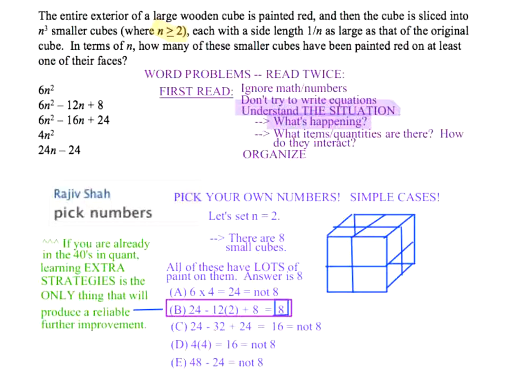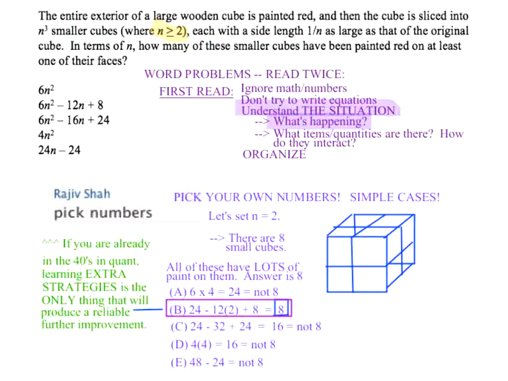It's the only thing. If you are in the 40s in quant, then you know more than enough mathematics. In fact, if your quant score is anywhere from 35 on up, then you know all of the math that you really need to know to take this exam. It's this kind of thing that is the point.